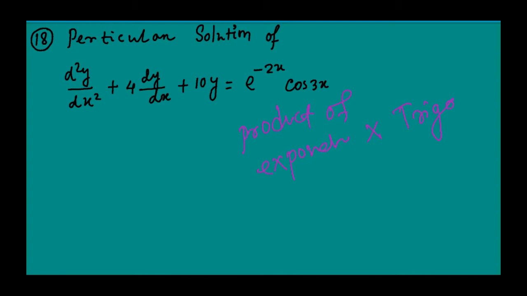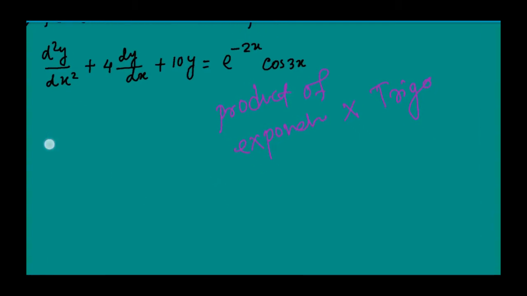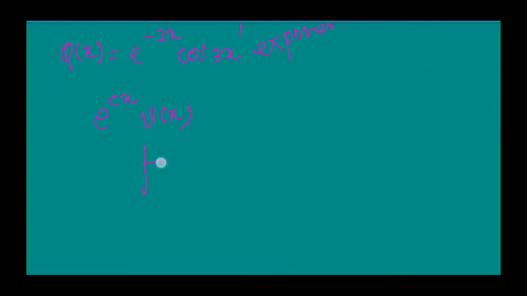So here Q(x) is given as e to the power minus 2x cos 3x, and the form is e to the power cx V(x), V(x) may be k sin(x plus b), k cos(x plus b), or a polynomial k x to the power m. This will be the format.